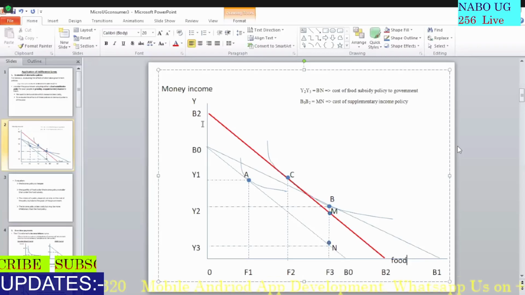But with the supplementary income, the government is not sure of how the individual is going to use the income. So basically, that's why we are saying that it depends on the objective of the government.